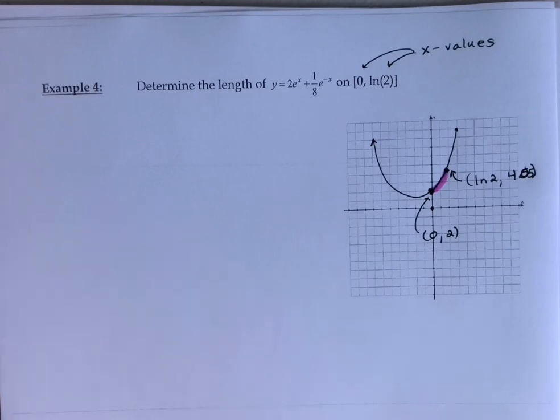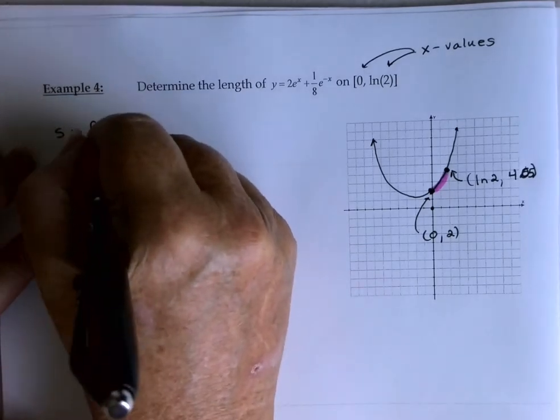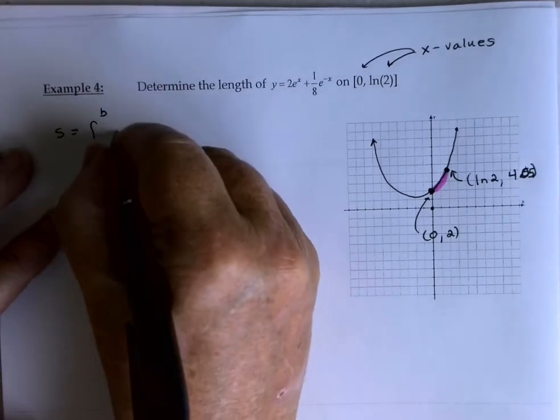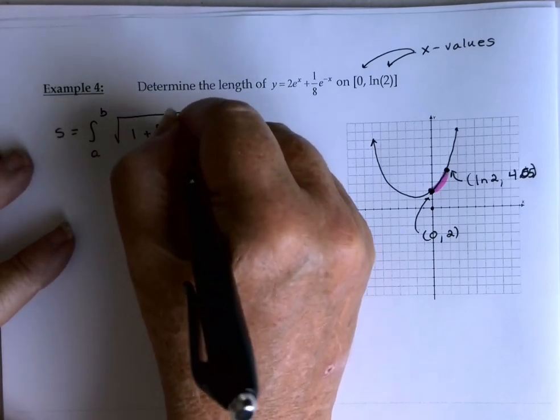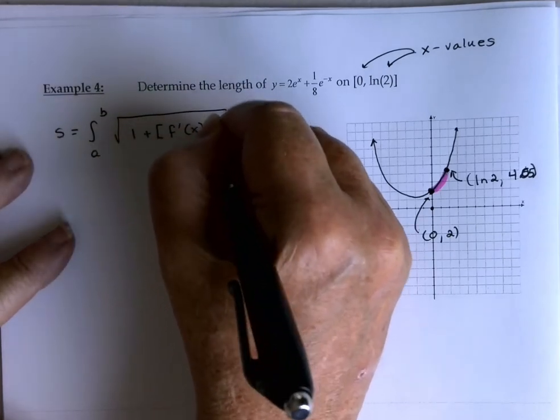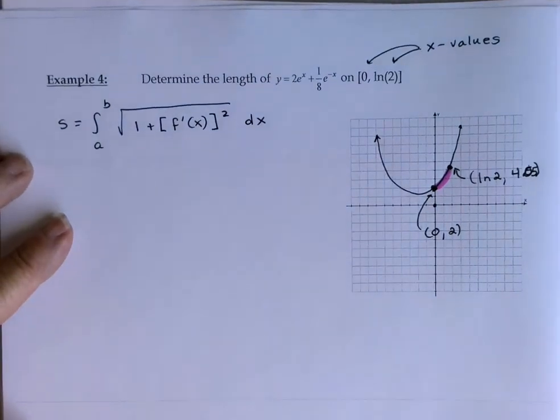In this one, we are looking at y as a function of x, so we'd be using the original form. Under our radical, we would have 1 plus f prime of x squared dx.